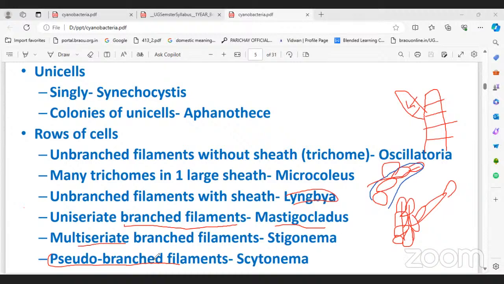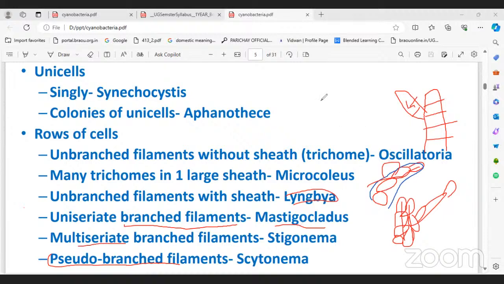And another one is called pseudo branched. What is the meaning of pseudo? Pseudo means false, not true. Best example, that means, let me draw a diagram.